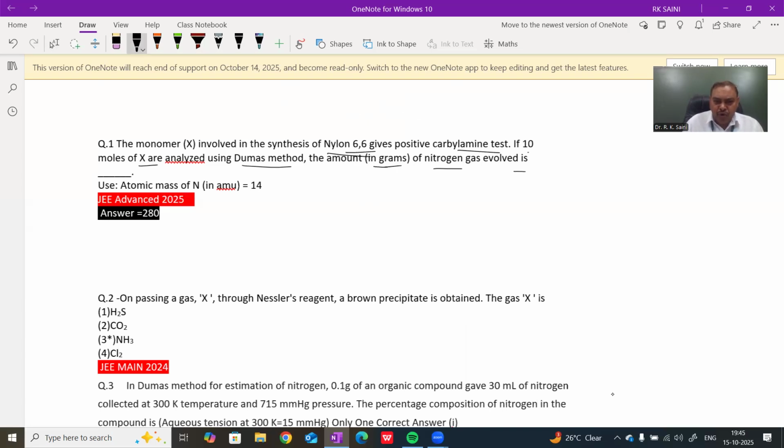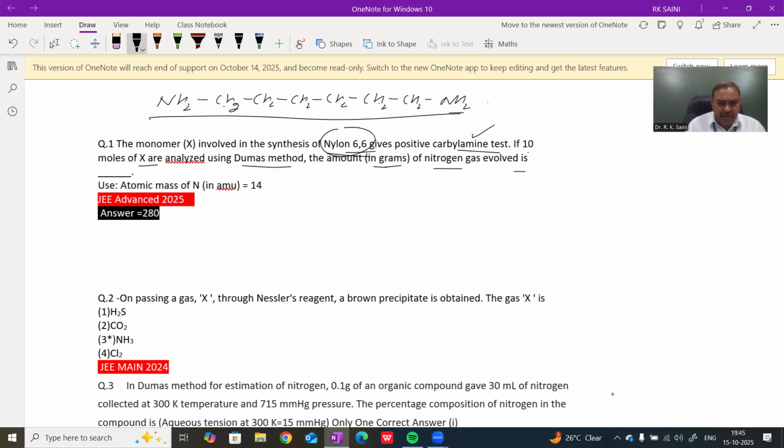First, we identify the monomer of nylon 6,6. Nylon 6,6 is a copolymer of adipic acid and hexamethylene diamine. Hexamethylene: CH2, CH2, CH2, 1, 2, 3, 4, 5, 6. Hexamethylene diamine and adipic acid make nylon 6,6. This compound gives the carbylamine test and 1 mole of it contains 2 moles of nitrogen atoms, so 1 mole of this compound evolves 1 mole of N2 gas.